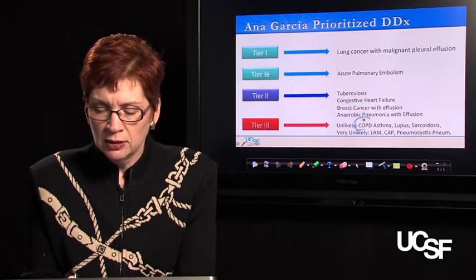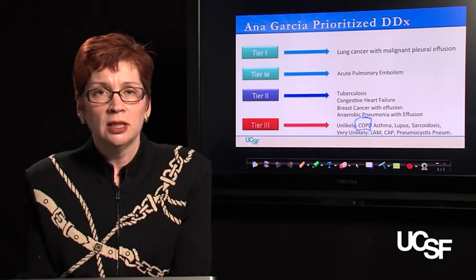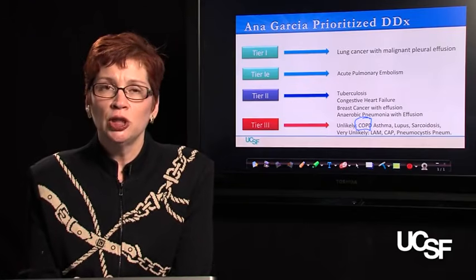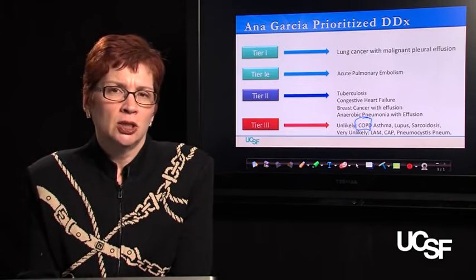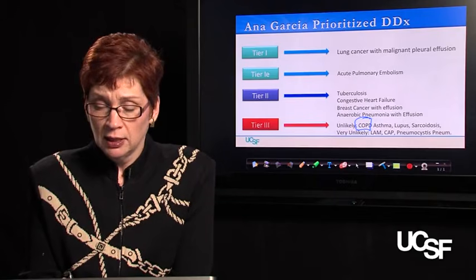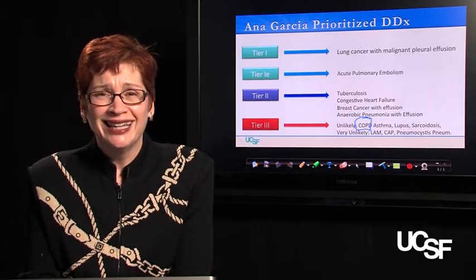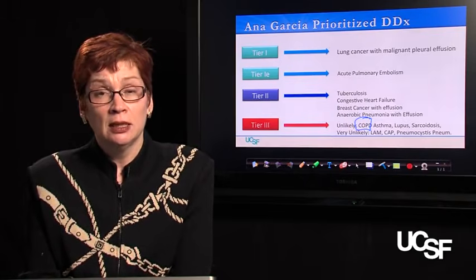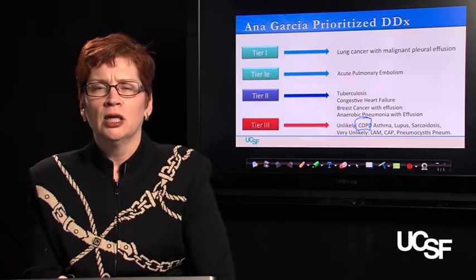COPD. Now, why would someone consider COPD? Well, because it's a common cause of dyspnea in middle-aged individuals, and she does have a smoking history. And although she's relatively young, perhaps she's somebody who has the unfortunate genetic history of alpha-1 antitrypsin deficiency. But COPD does not cause pleural effusions, and COPD's physical findings should be hyperresonant rather than dullness to percussion.